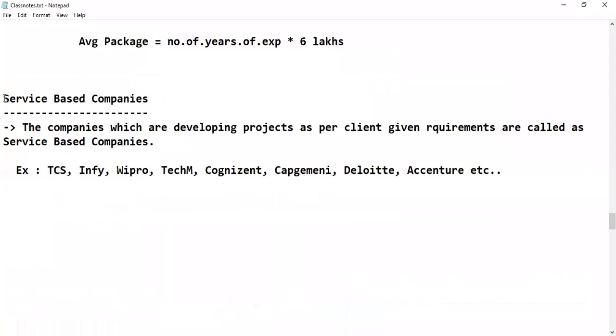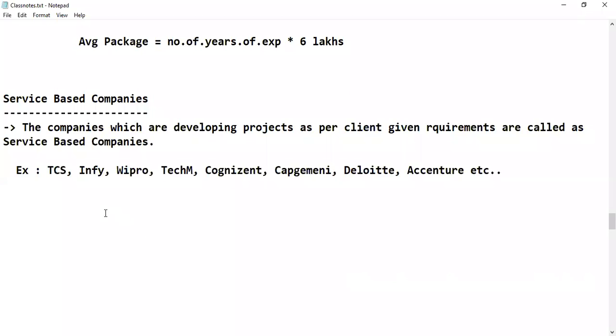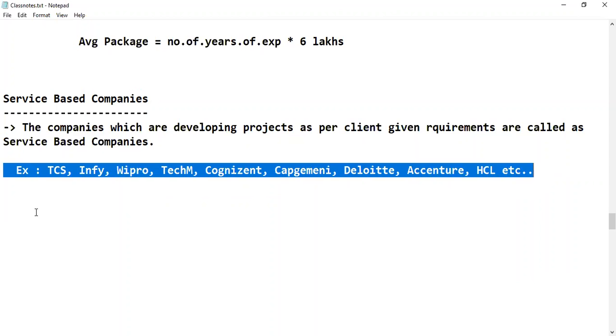But service-based companies will deal with the clients. Based on the client requirement, these people will develop the project and will deliver it to the client. TCS, Infosys, Wipro, Tech Mahindra, Cognizant, Capgemini, Deloitte, Accenture, HCL, etc. All these companies come under service-based companies.